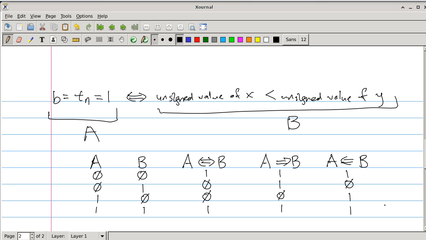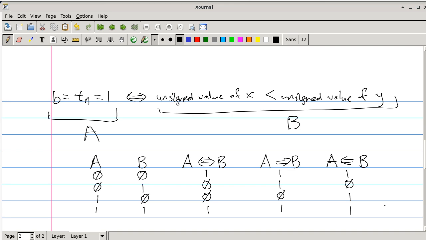Okay? When you look at A is implied by B, or B implies A, either way is fine, then the only time the implied by operation is false is the second one. It's when A is false and B is true. If I say A is implied by B as a statement is true, that means A and B can be the same, or A is true and then B is false.